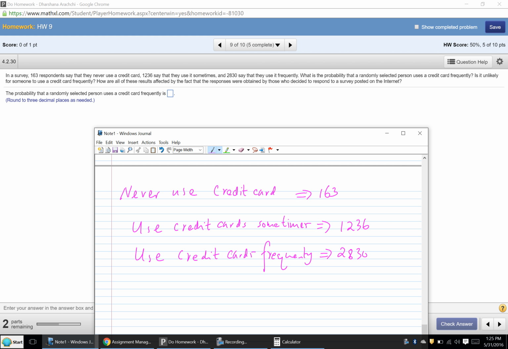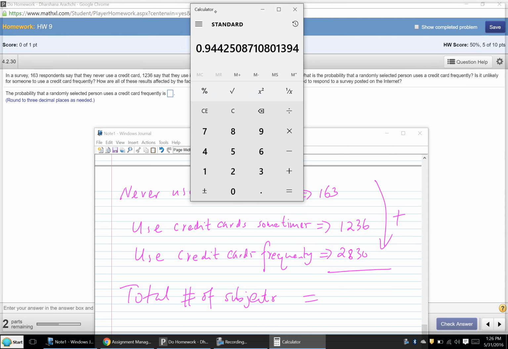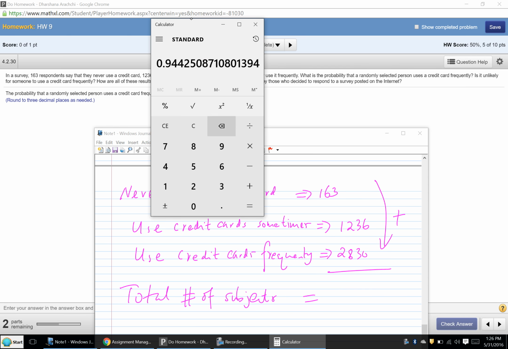For this experiment, how many people have been used? So the total number of subjects. What's the total number of subjects? You have to add these three numbers. So 163 plus 1236 plus 2830.